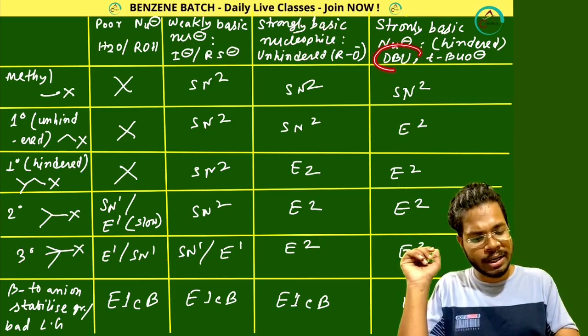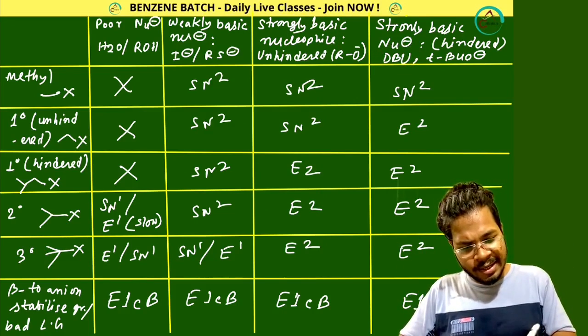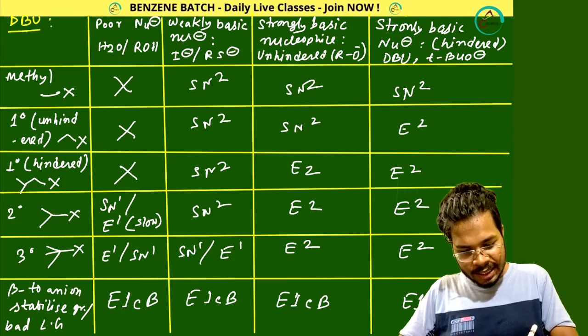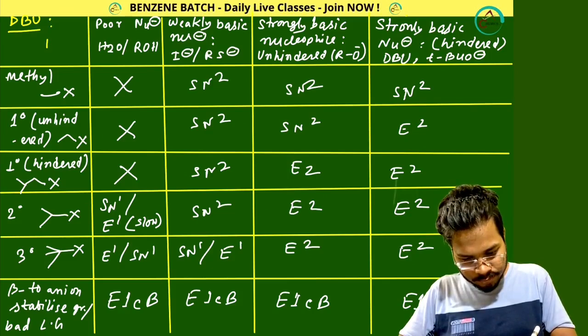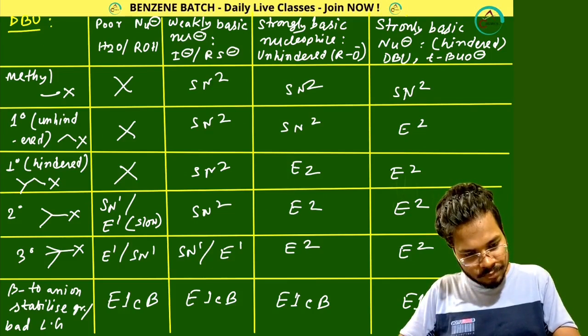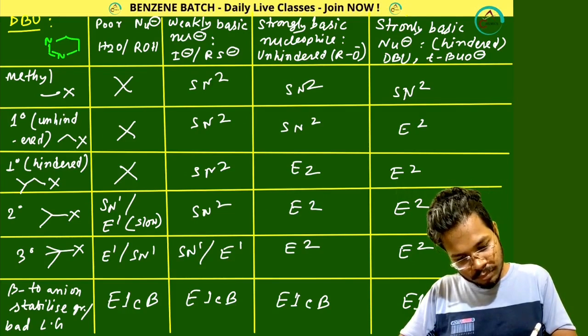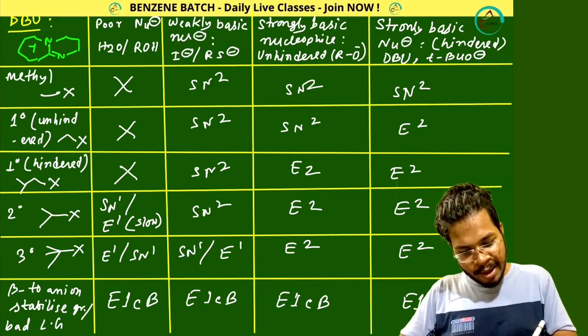And if you want to learn, DBU is a very hindered powerful base or nucleophile. DBU looks like this. This is 7 membered, this is 6 membered.